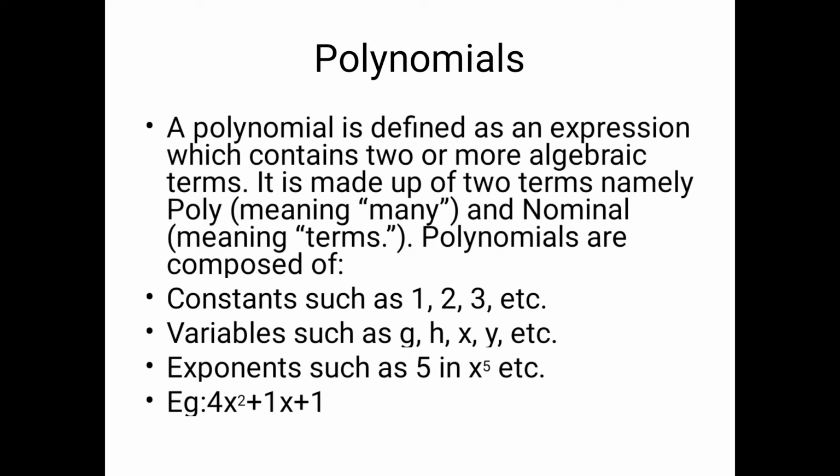We have an example also, 4x square plus x plus 1. Here we can see that we have 3 terms in this polynomial, and these terms have a constant term and a variable, and we have some power in the variable.